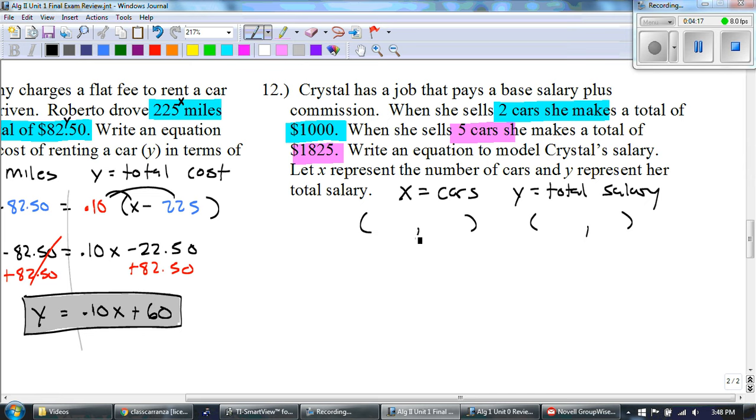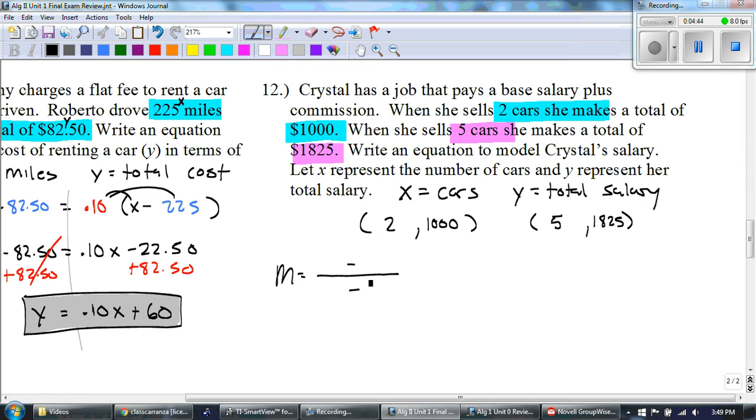So I color coordinated it for you, because each sentence is a point. When she sells 2 cars, she gets $1,000. If she sells 5 cars, $1,825. So they want us to write an equation, but all I have are 2 points.